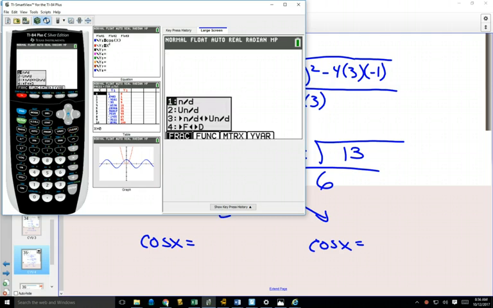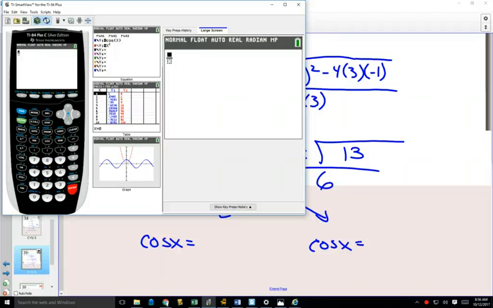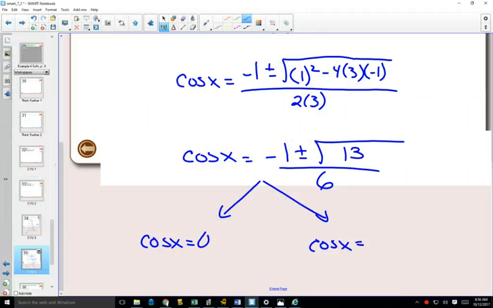I'm going to use the fraction button. I'm going to write negative 1 plus the square root of 13, all divided by 6. So my positive one is 0.434. Now I'm going to write 0.434 and then just go dot, dot, dot, dot, dot, to show that I'm not going to round any of those answers. Okay?